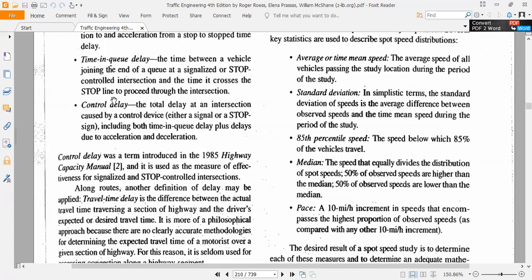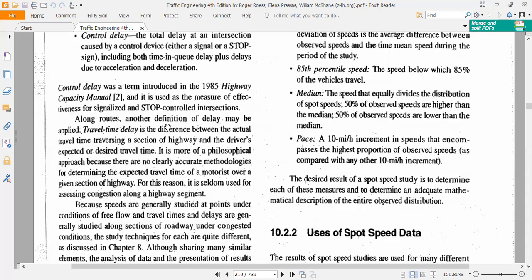I think the control delay, the last definition, is much more realistic, as there is delay due to acceleration and deceleration, and the vehicle also spends time in the queue. When it joins the end of the queue, it eventually crosses the stop sign and moves through the intersection.